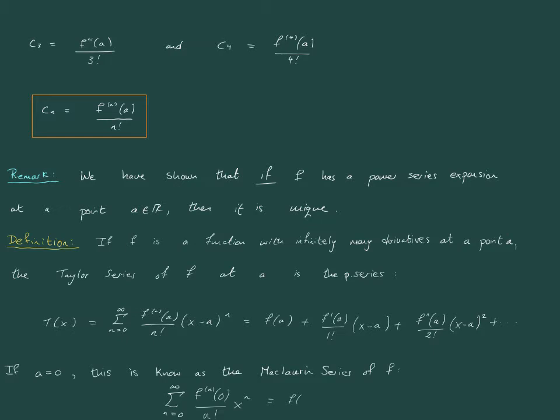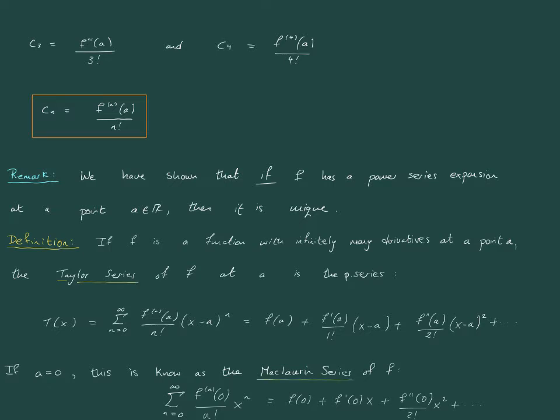And in the dot dot dot notation, that's f evaluated at 0 plus f differentiated once evaluated at 0 over 1 factorial times x plus f differentiated twice evaluated at 0 over 2 factorial x squared plus dot dot dot. Okay, so this is the Taylor series and the Maclaurin series of f.